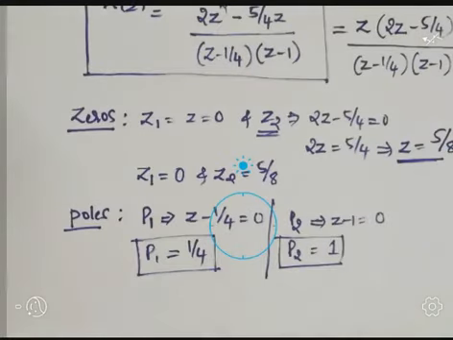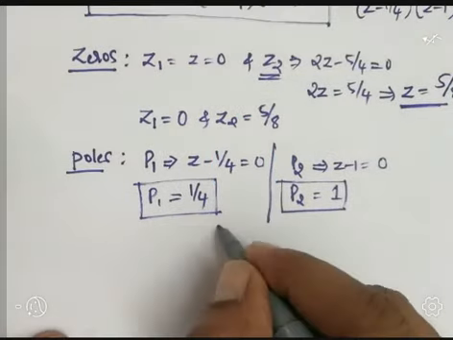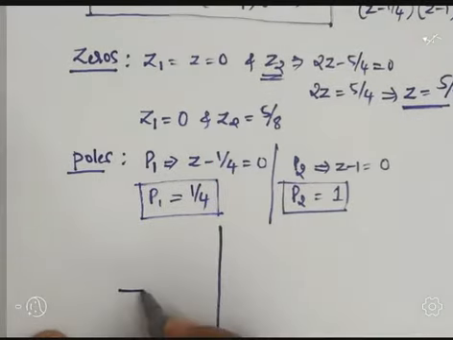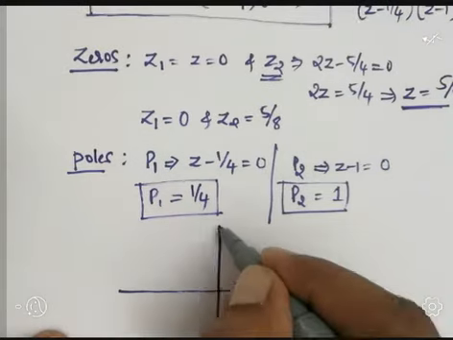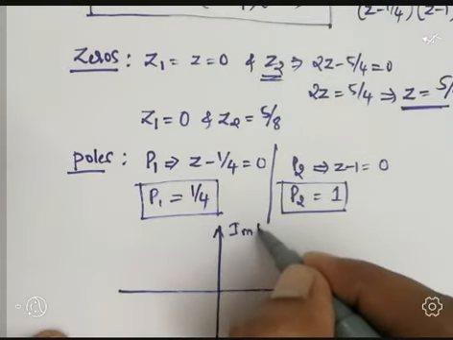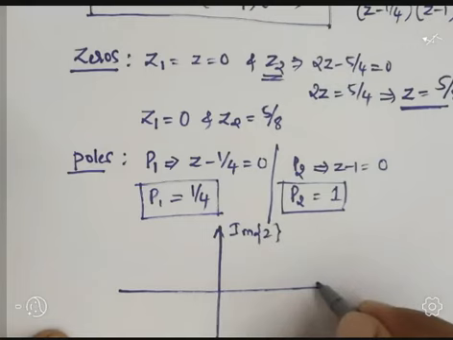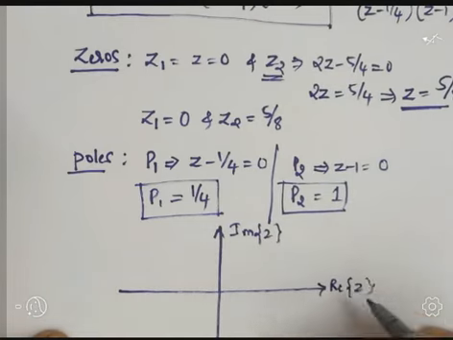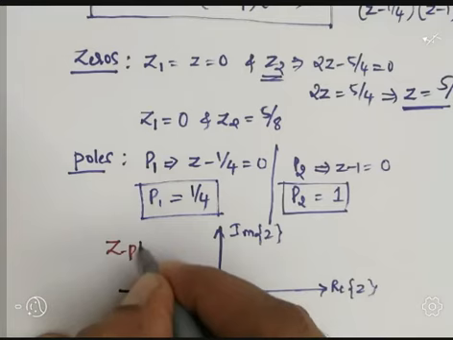So let us represent all these things on the z plane. This is imaginary part of z plane, this is the real part of z plane. Fine. So this is z plane.